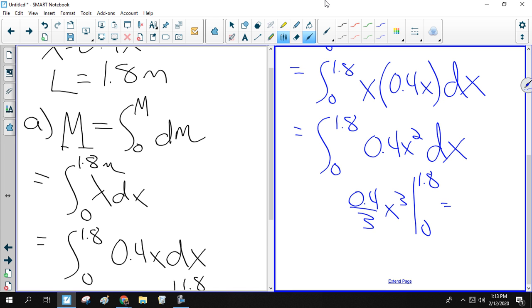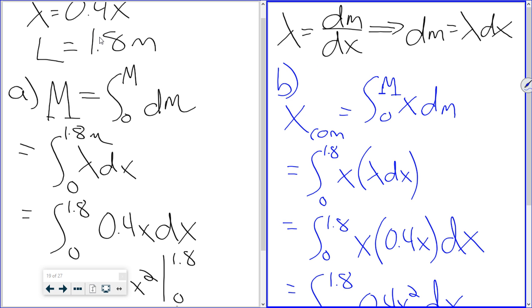And I just realized I did something sloppy with my notation here, but we'll fix it in a second. So 0.4 divided by 3 times 1.8 cubed gives you 0.7776. Good? All right, here's what I just realized, though. What I did that was sloppy is my equation is wrong.